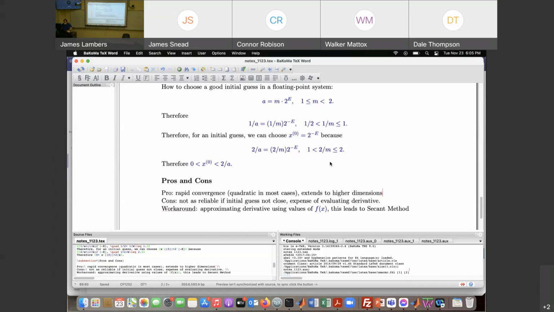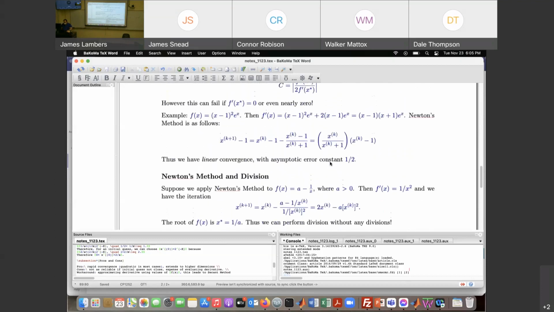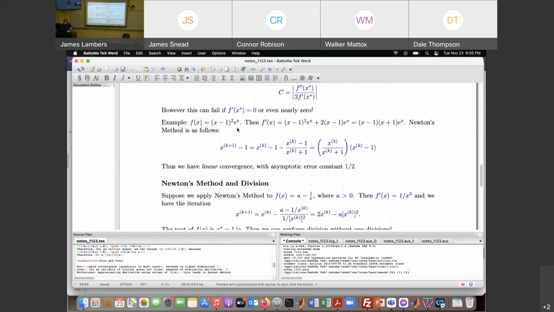Now, one thing I've seen done regarding one of the other problems with Newton's method, like this case of having a multiple root, I want to mention a workaround for this.